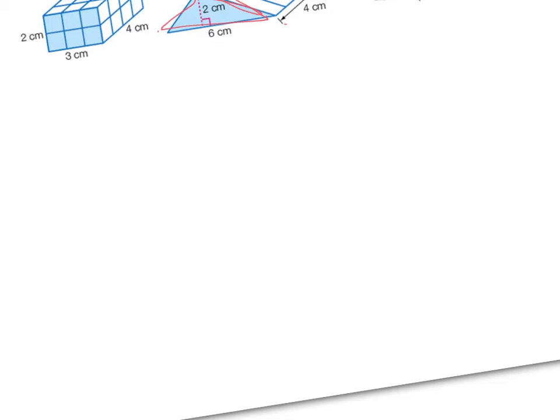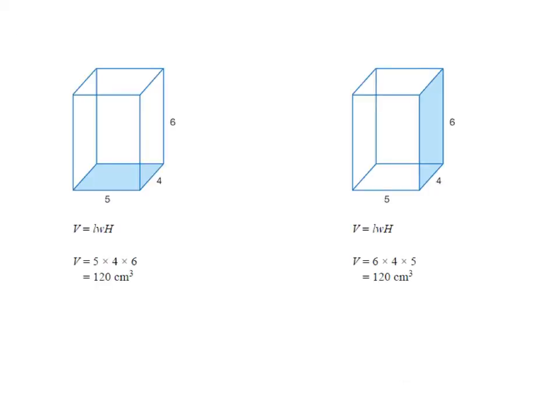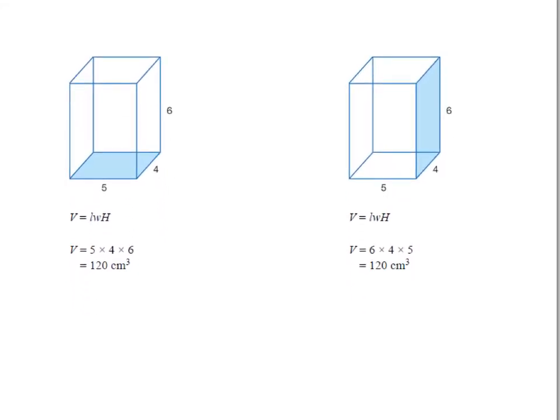Now, when you want to work out which numbers to look at, let me go to the next page. You can basically start anywhere. We know that volume is your length times your width times your height.